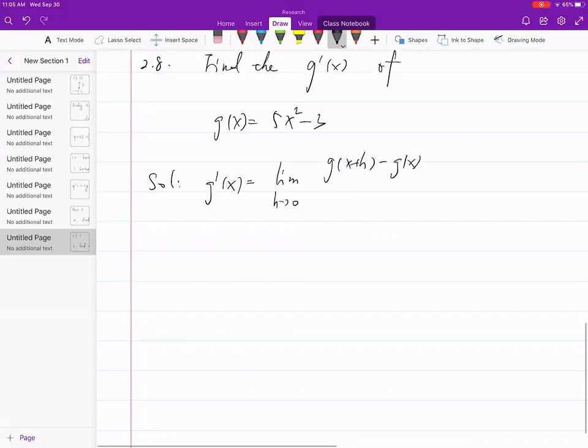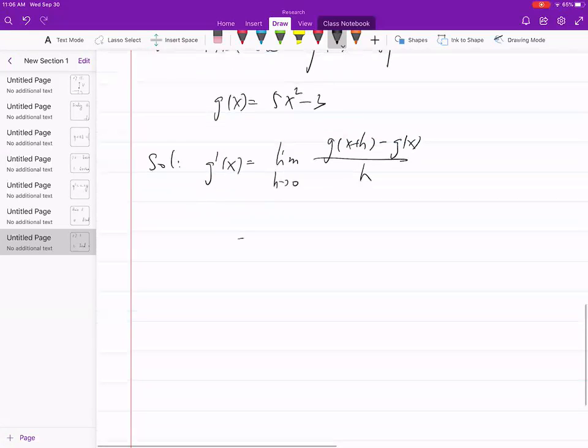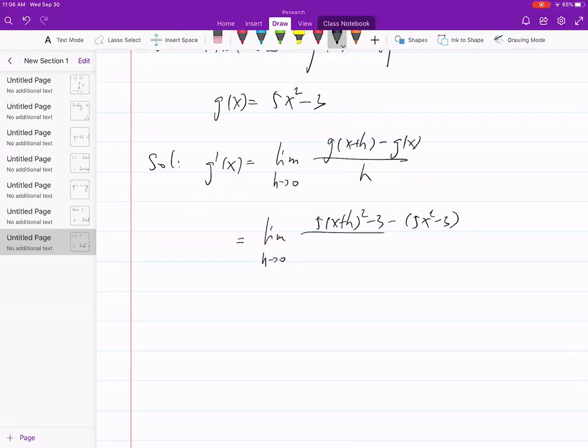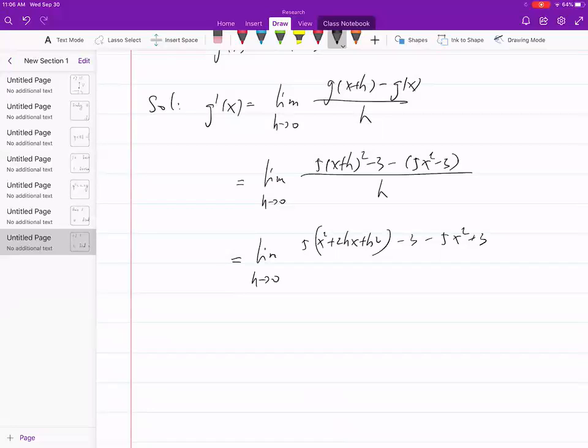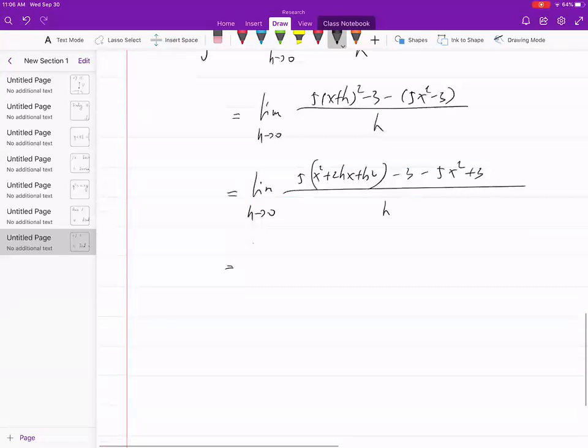This time we want the derivative, so instead of a point, put x there. The rest is algebra. Okay, cancel, cancel.